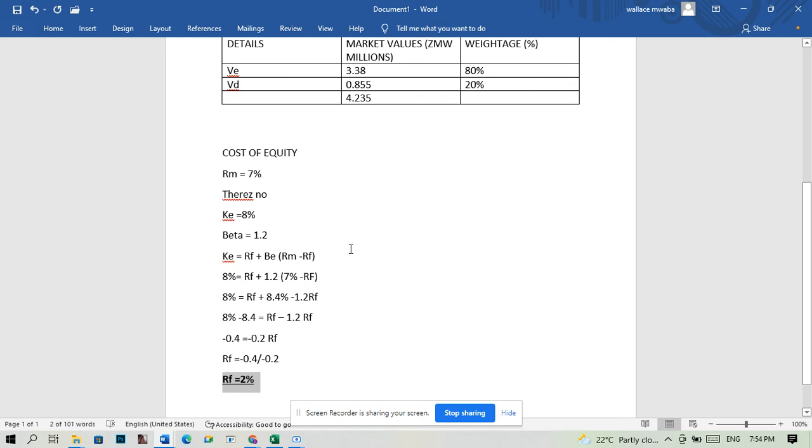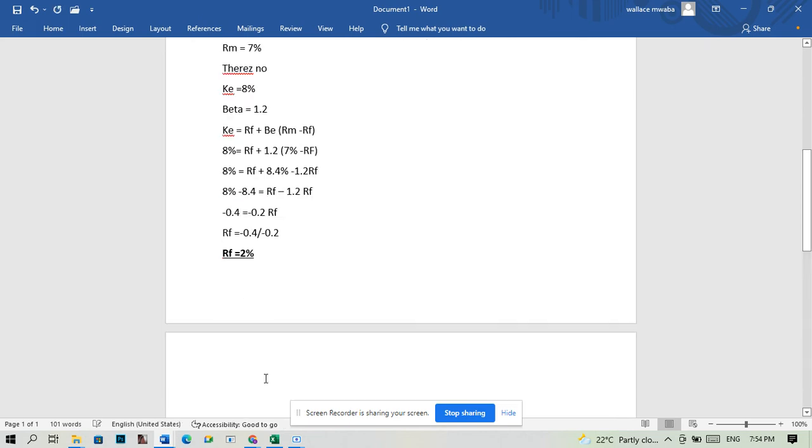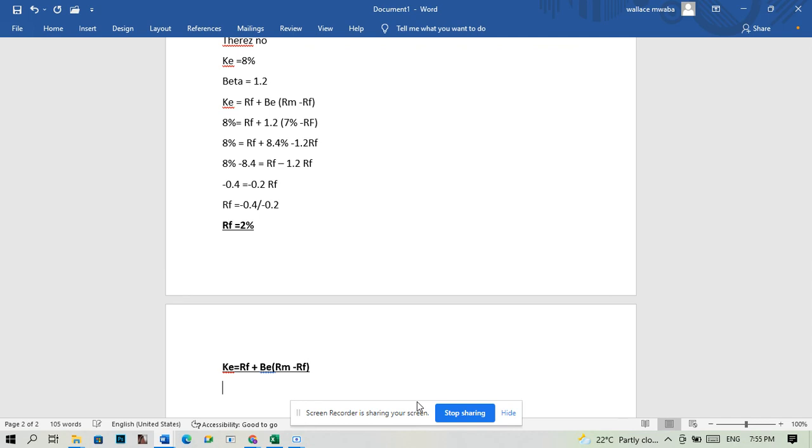So now that we've got the risk-free rate, we can calculate the cost of equity for Iconaman. We use the same formula, KE equals RF plus BE times RM minus RF. So we just do the substitutions.